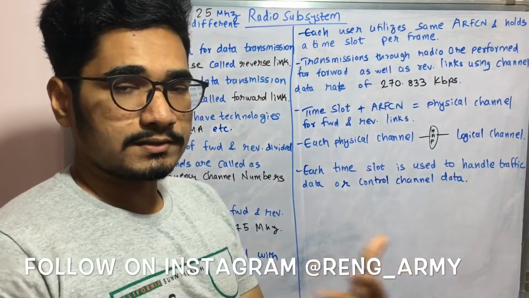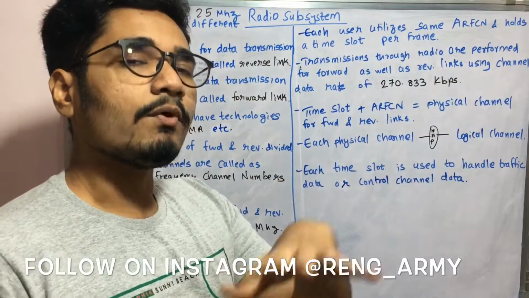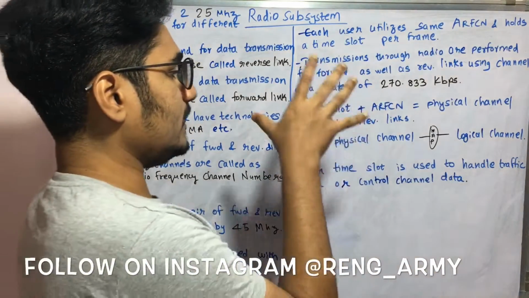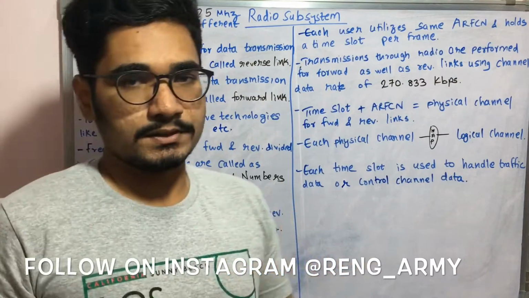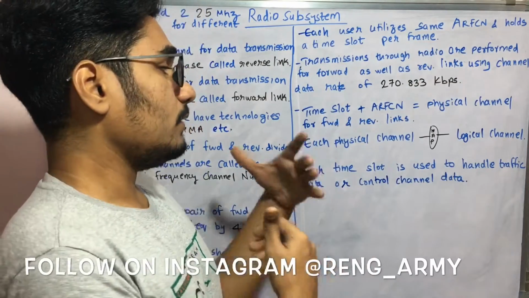It will give you a setup to mount a physical channel consisting of both forward as well as reverse links. In this setup, each physical channel will be mapped to a logical channel. Obviously in a GSM system you cannot have that many physical channels.